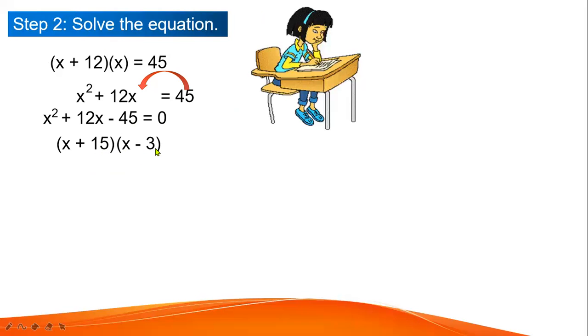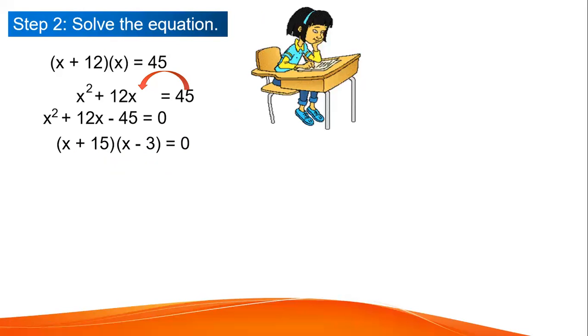If you add them, one is positive and one is negative, the answer is positive 12x, because 15 is greater than 3. So follow the sign of positive 15.